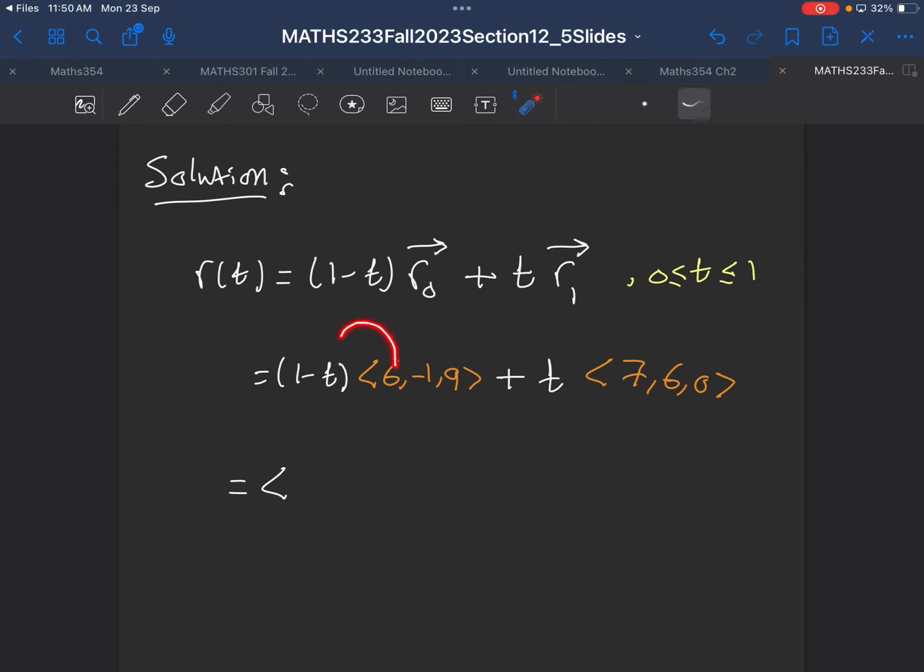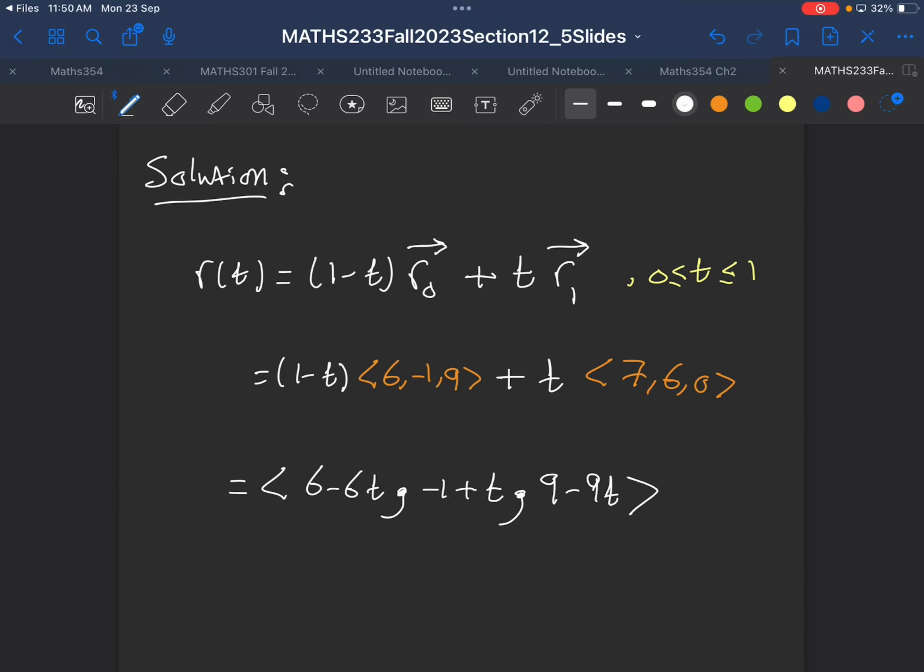So if I take 6 times 1 minus t, this directly gives me 6 minus 6t, comma, negative 1 plus t, comma, finally 9 minus 9t, and that's the first one. Plus, second one is only 7t, 6t, and 0.